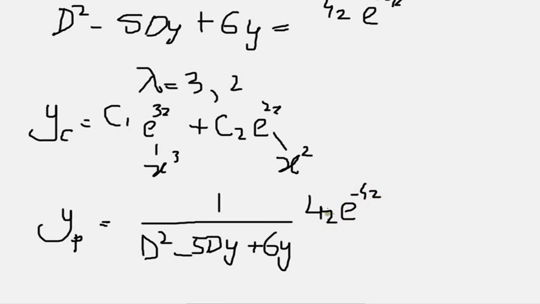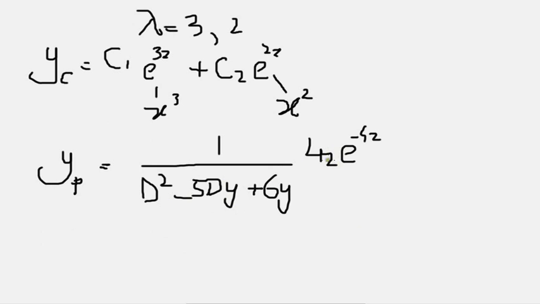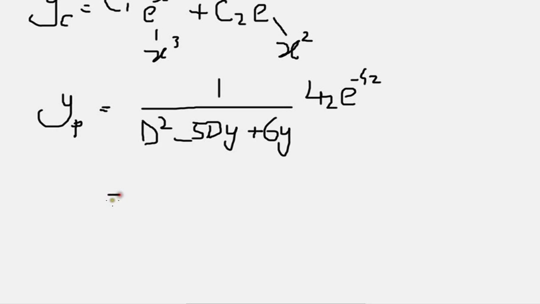We can apply the particular integral exponential rule. So we would get, by substituting the value of D by -4 here, we would get 42. We have 42 over here, so this 42 will cancel this, and the remaining you will get would be 4 e to the power -4z.